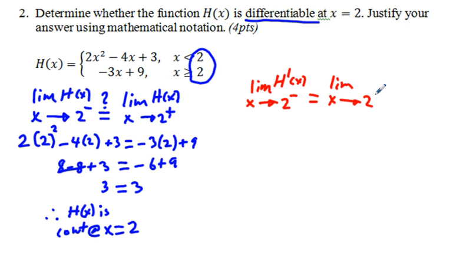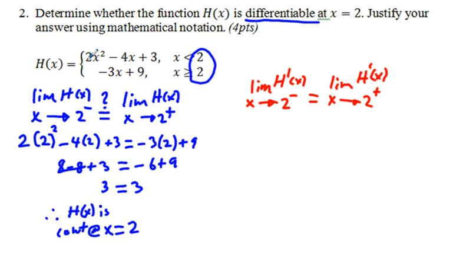When these are equal, what we'll have is a smoothly joined piecewise function, or curves together, so there's not going to be any corner.